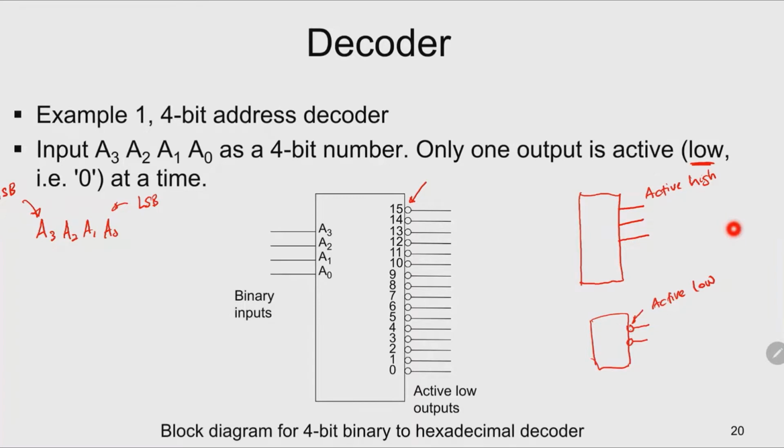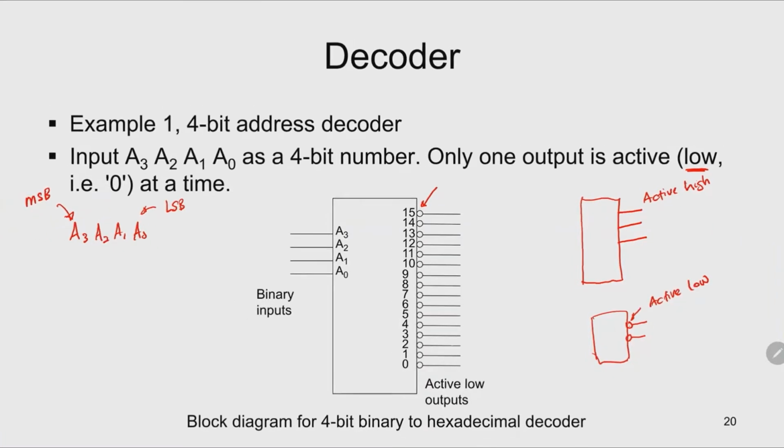So the word active meaning that when that particular output is activated, you get a low signal. When it's inactive, the normal default output will be high.